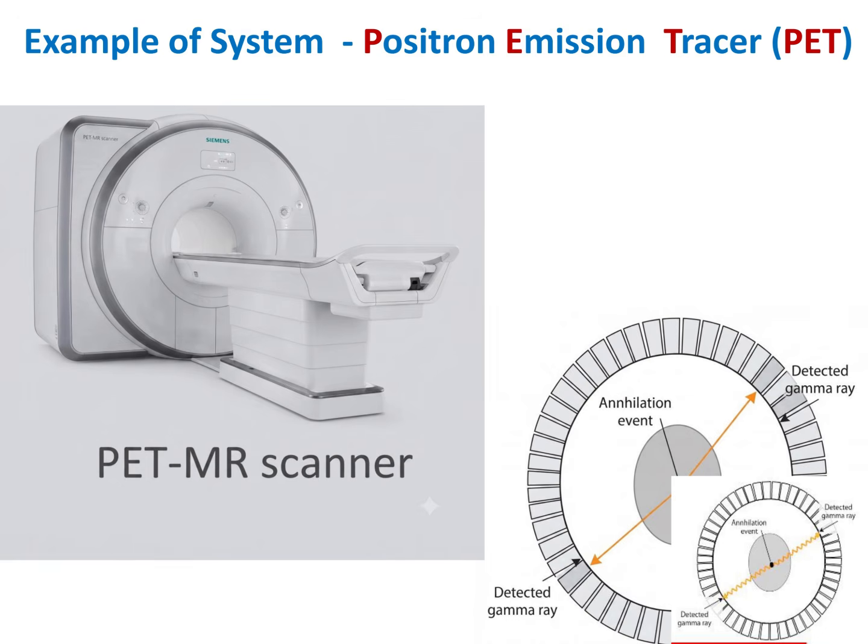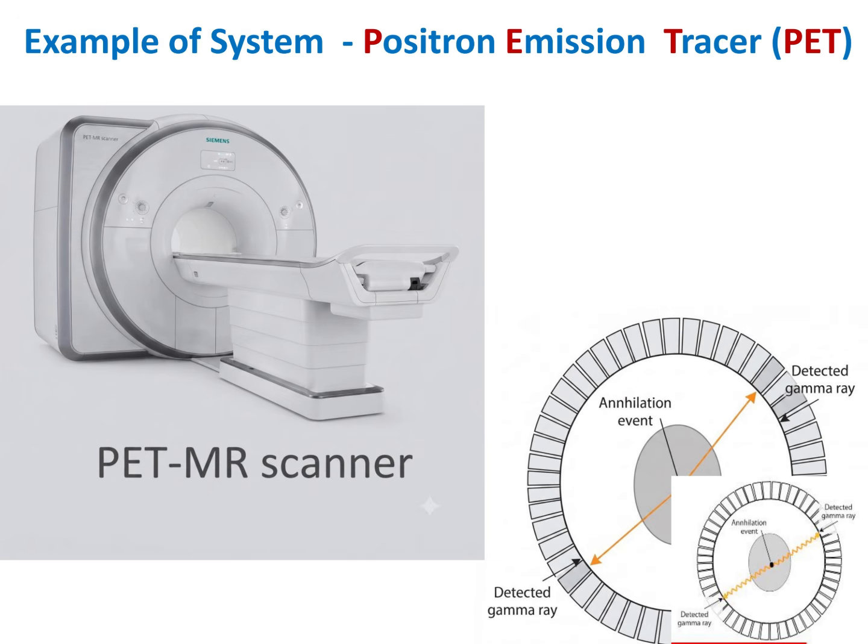This slide explains the working principle of positron emission tomography, or PET. A radioactive tracer is introduced into the body, and the emitted positron interacts with an electron. This produces an annihilation event, generating two gamma photons that travel in nearly opposite directions. As shown in the figure, the ring of detectors detects these two gamma rays simultaneously.